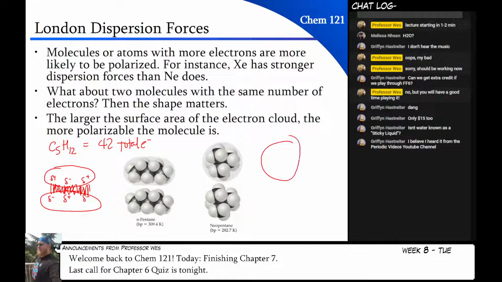Over here for the spherical versions, this is a little bit harder because there's not as many places. The analogy I like to use for this is you can think of Velcro. Velcro is more effective if you have like two large patches of Velcro that stick together, right? As opposed to a tiny, tiny space where you just touch two pieces and have them stick.